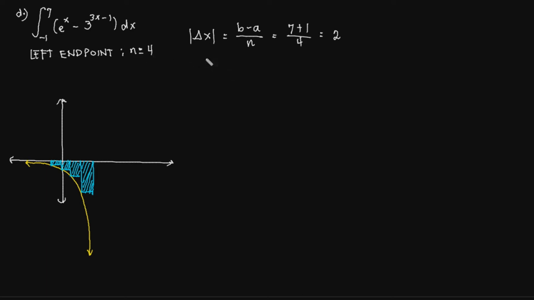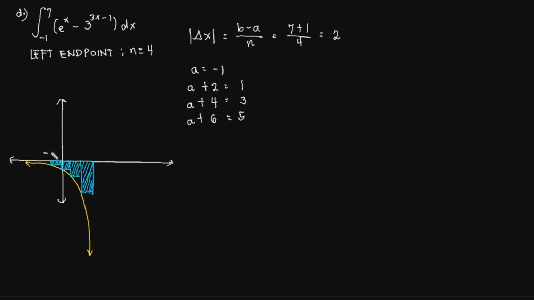So therefore, kung mag-start ako sa, let's say, yung ating a, diba yung a natin is negative 1? So yung ating a plus 2 would be equal to positive 1. And then yung a plus 4 naman, kasi yun yung sunod natin na interval dito, would be positive 3. And then the next one is 5. Okay. And then I think that's all.